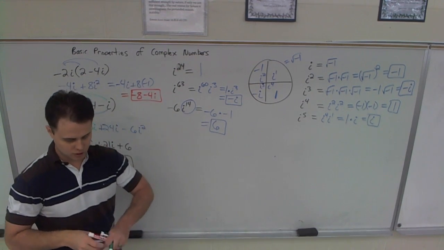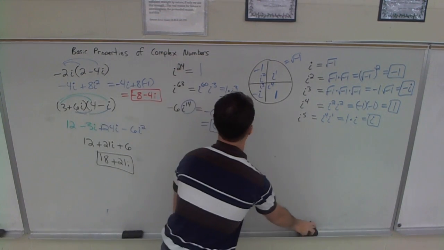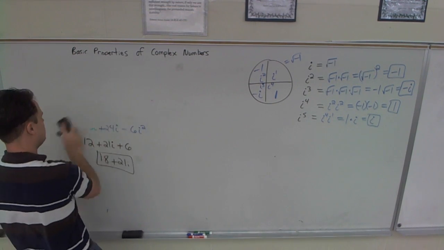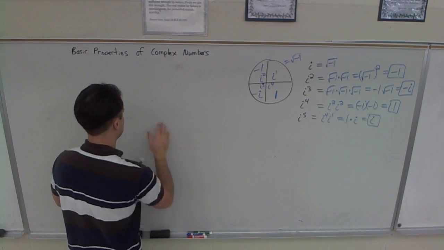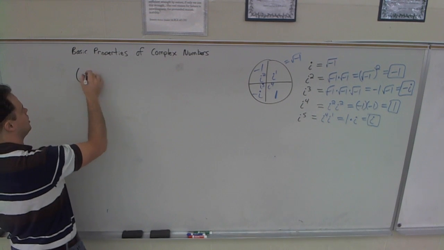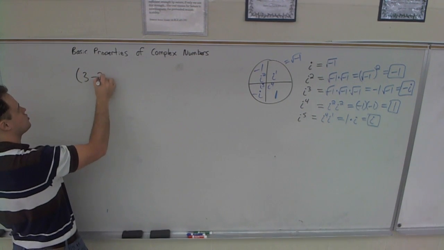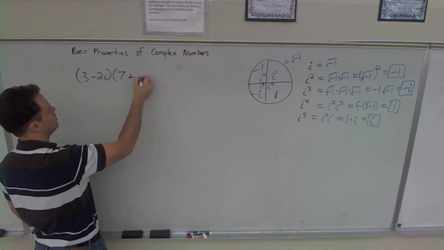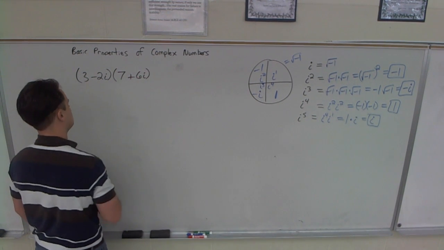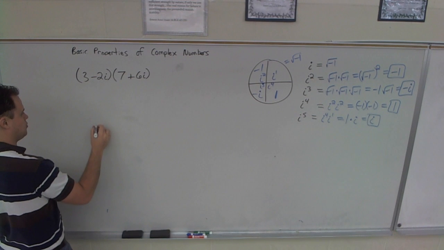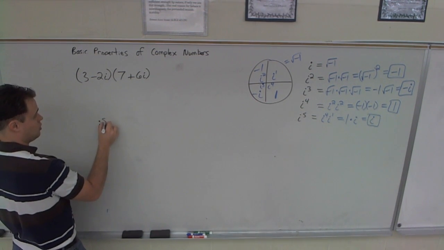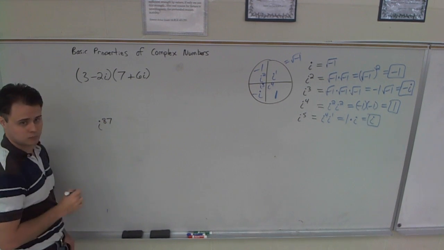All right, here's a couple for you guys to try just to see if you're getting the hang of it. So a couple more. Let's try multiplying 3 minus 2i times 7 plus 6i. Let's do that one. And then let's try a couple powers. Let's go i to the 87th.